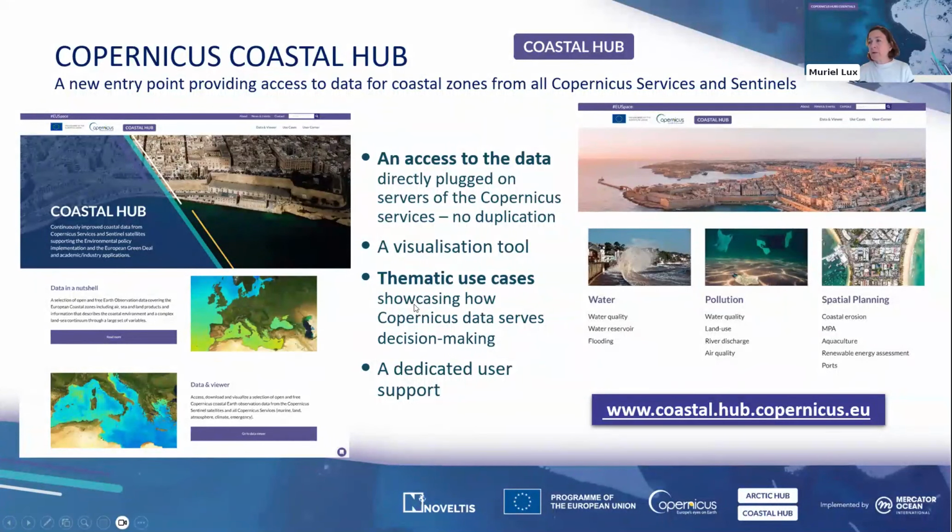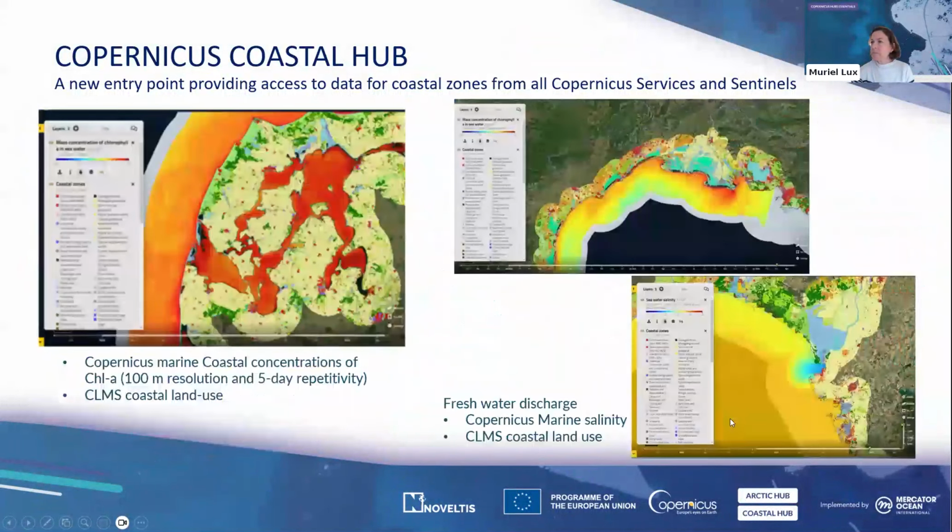You will also access a portfolio of thematic use cases showcasing how Copernicus data serves decision-making, according to main topics we have defined. Topics, for example, for the coast: water reservoir, water quality, pollution, spatial planning, coastal erosion, aquaculture, and so on. So the address to reach the Coastal Hub is the following one.